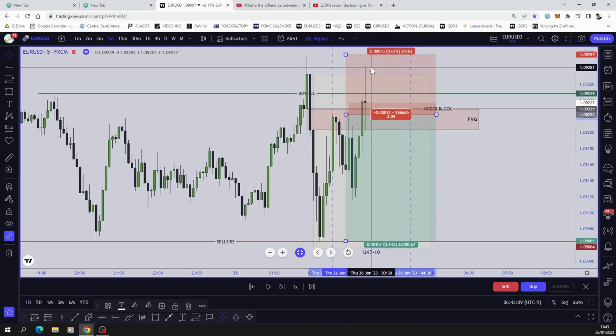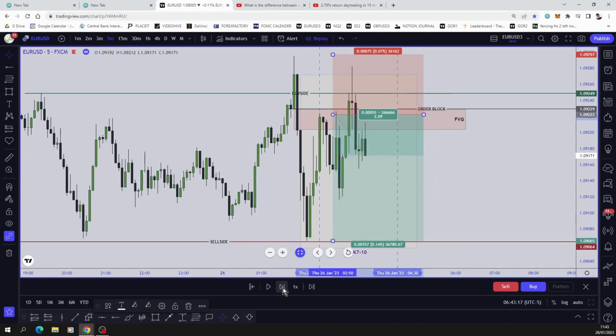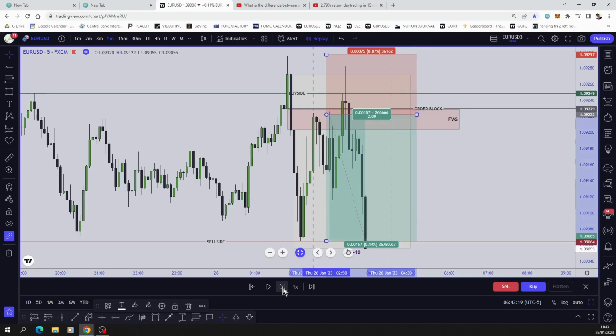We move up a little bit higher again, but we don't take out the high. Then price moves back down, and our target is hit, for a 2-to-1 reward to risk ratio. So that's a sample trade you can take in the euro dollar in the morning using ICT concepts.